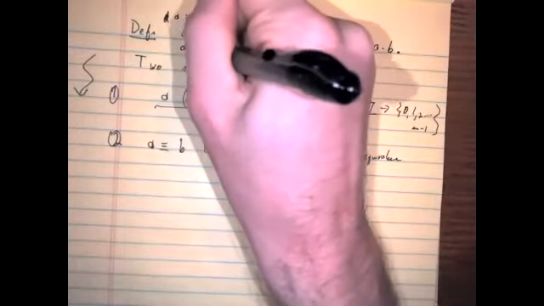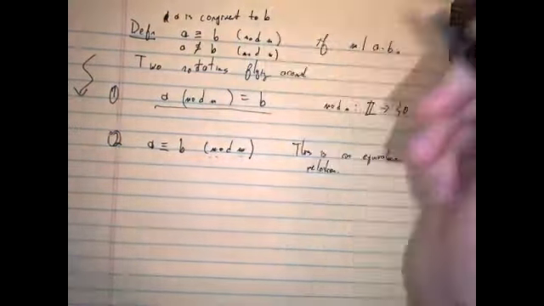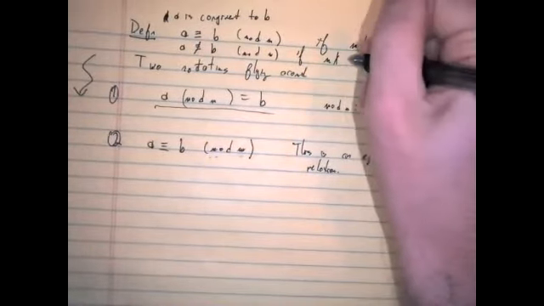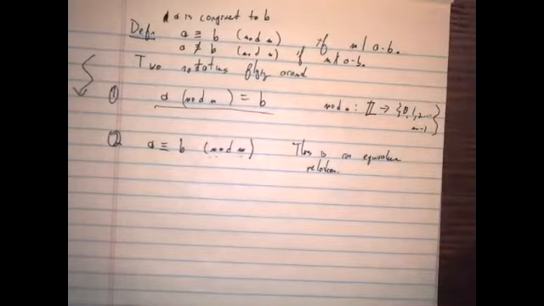We also write A is not congruent to B mod M if M does not divide A minus B. I'm about to do an example which will hopefully clear up what's going on. But currently, just with this definition and these examples, does anyone have any questions?